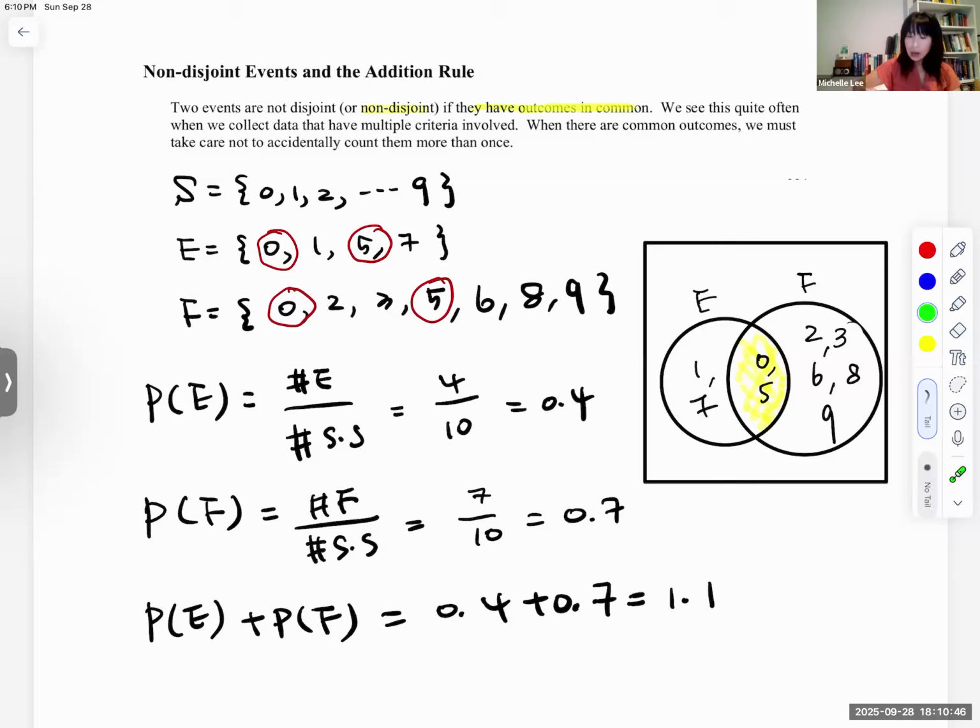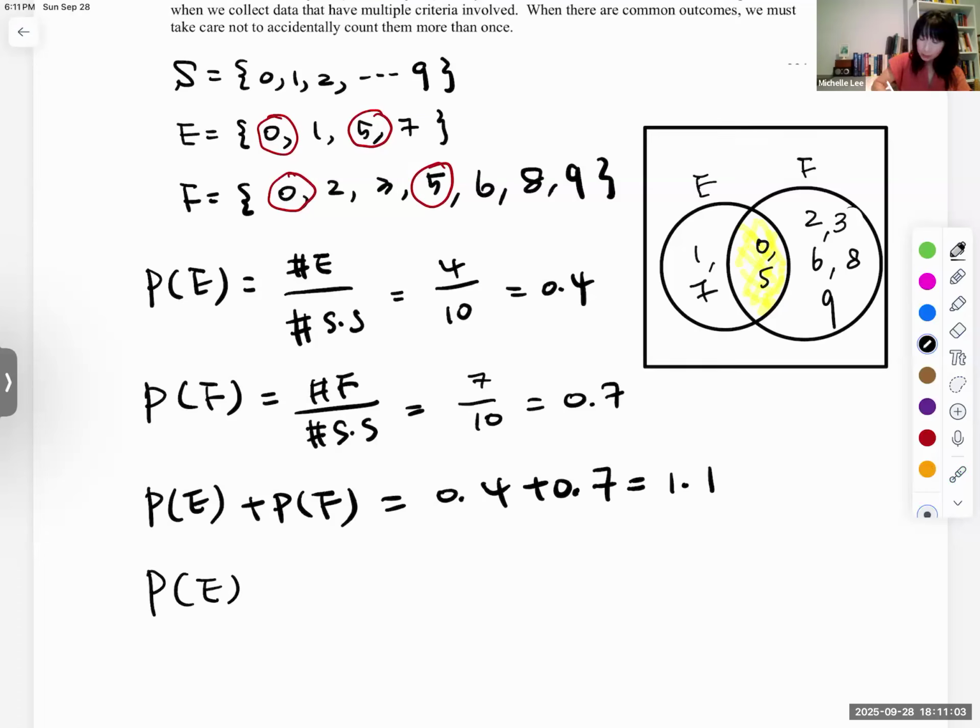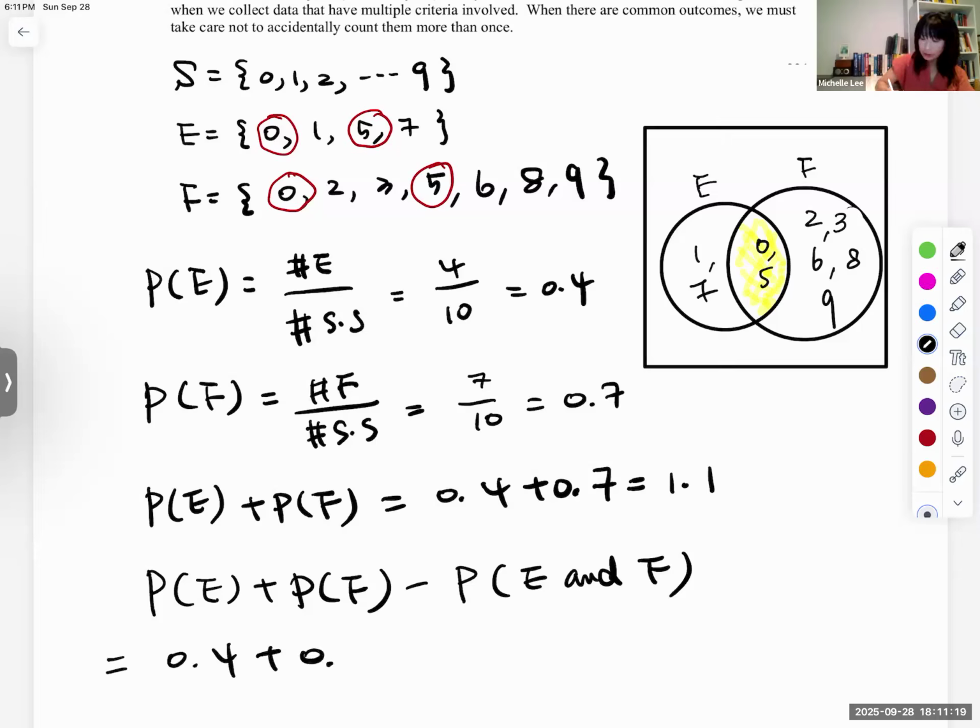Since we counted 0 and 5 twice, we have to take it out, count it once. So the probability of event E plus the probability of event F, take out the probability of event E and F. So we have 0.4 plus 0.7, then the probability of event E and F, which is 0 and 5.